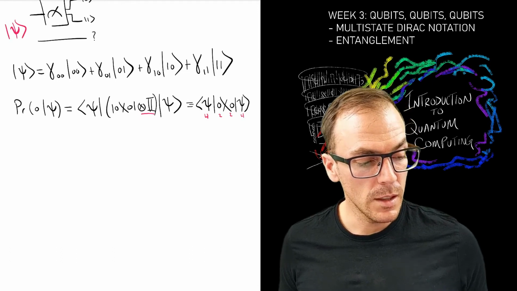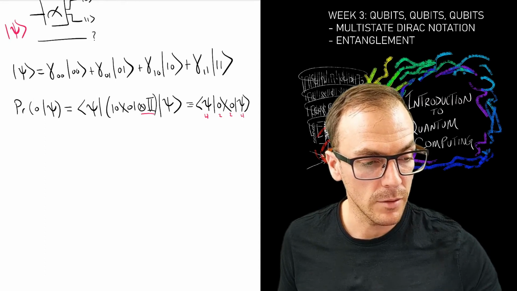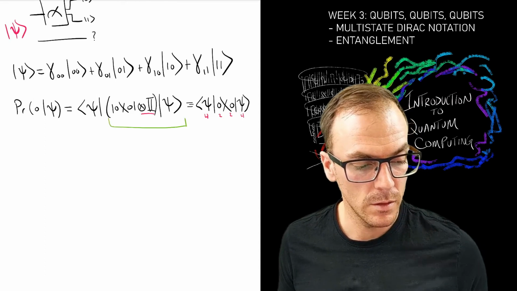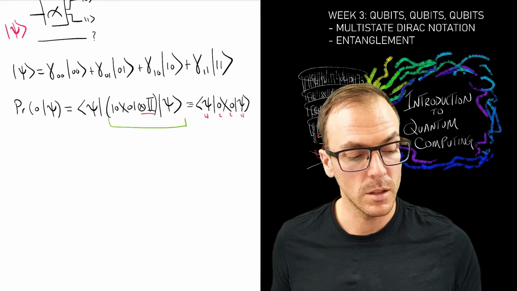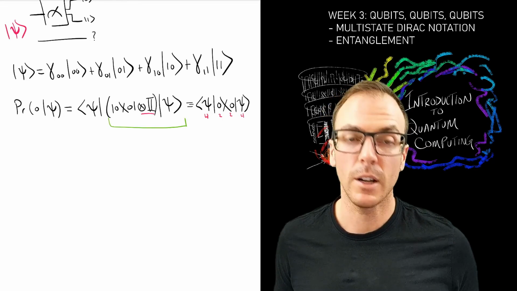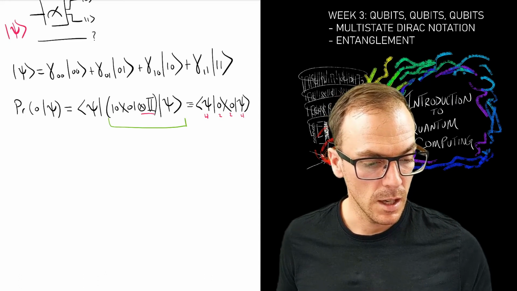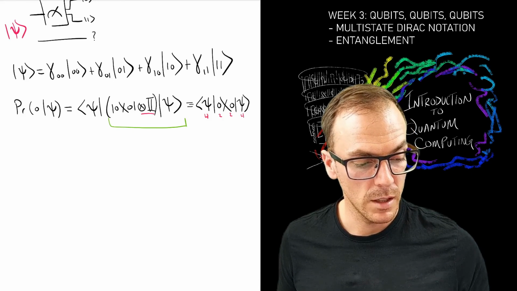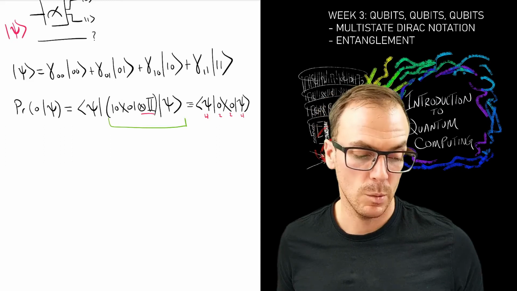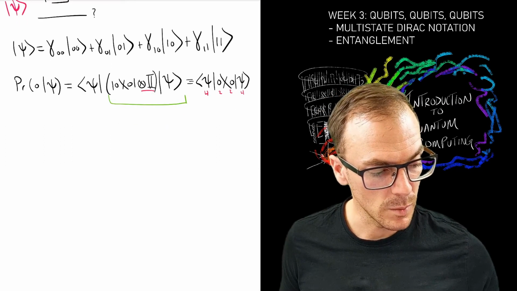So in this case, we can look at this half of the computation, linear algebra, so I can apply that matrix to that vector first. So let's do that. Let's do it explicitly, just to be clear.